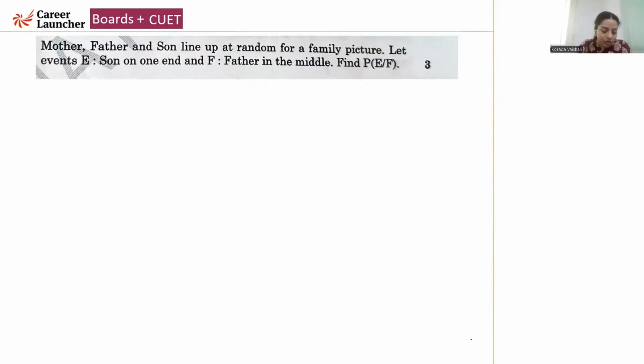Now moving on to the next one, in this, mother, father, son lined up at random for a family picture. So let's consider how the family picture can be, it can be FMS or SMF. I'm making use of M for mother, F for father, and S for son.